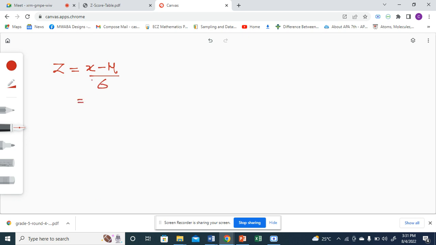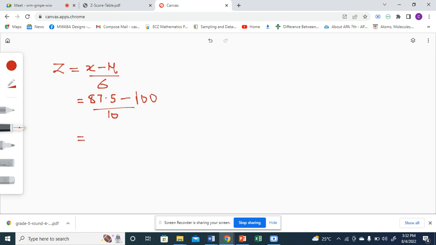Our x in this case is 87.5, our mean is 100, and the standard deviation is 10. So 87.5 minus 100, what do we get?